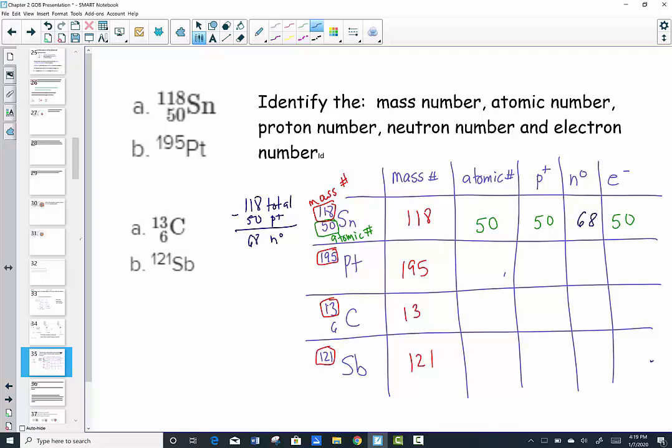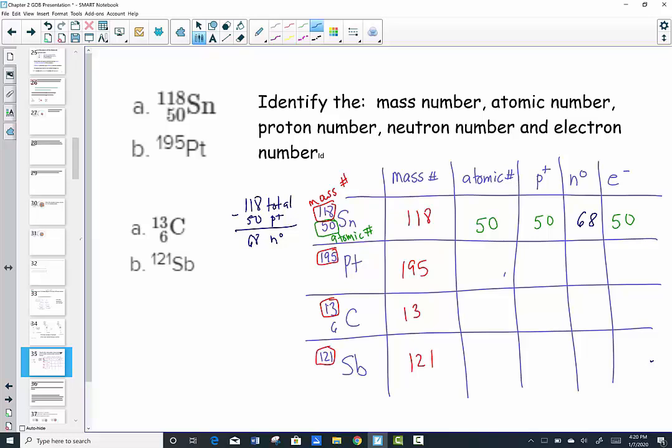Let's go to row 2. I see Pt and 195, and that's all I'm given. So I have to use my periodic table and research the bottom number. Find Pt on your periodic table. It stands for platinum, Pt. It is in the 6th period, in group 10 of the 1 through 18, but it's number 78.